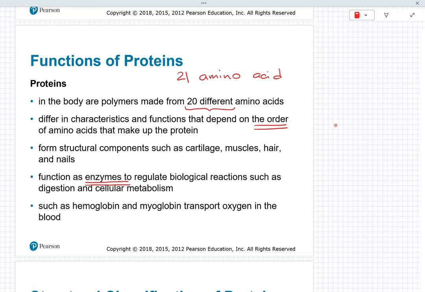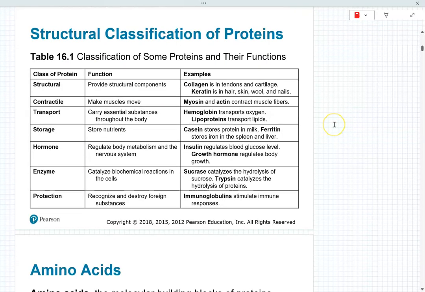Myoglobin stores oxygen, hemoglobin transports it. They signal. They protect. For instance, a lot of protective functions of the innate and adaptive immune system are carried out by proteins. Okay? Because of them, we can move.